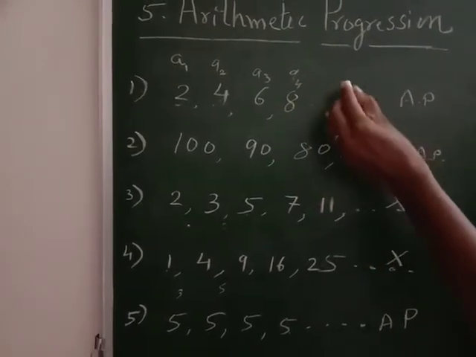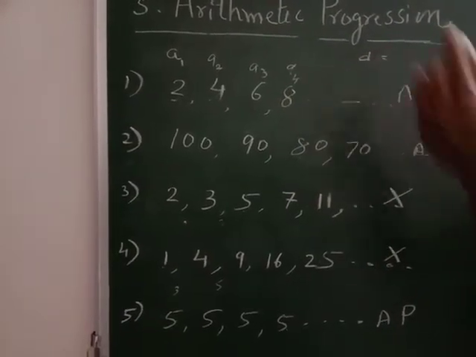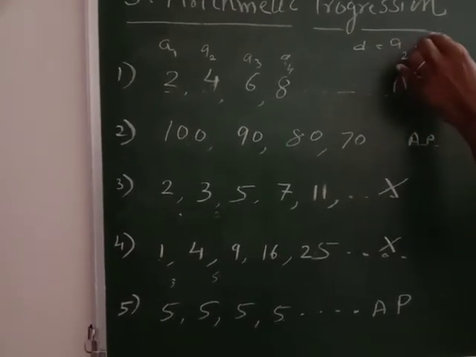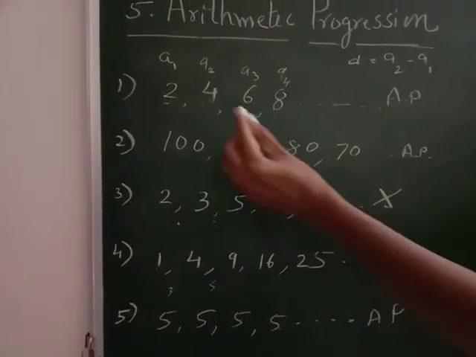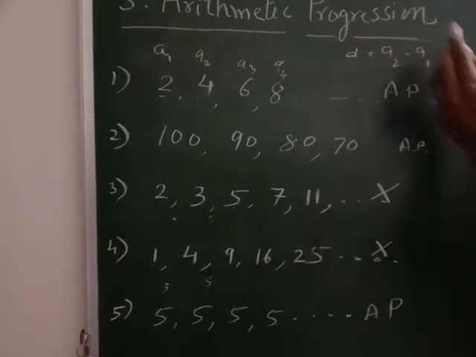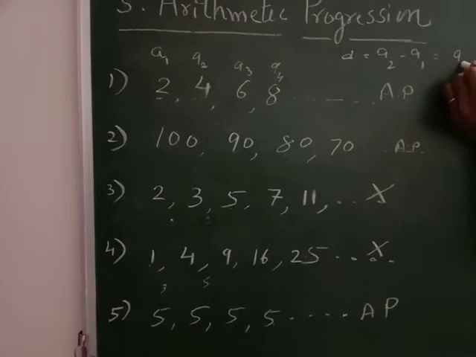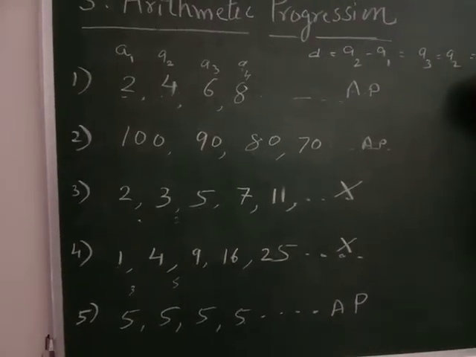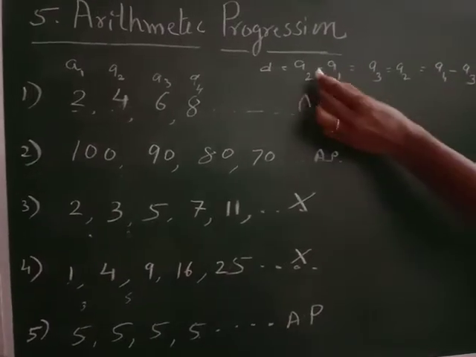Now what is D? D is the common difference. D means A2 minus A1, that means second term minus first term. That is D. Or you can say A3 minus A2, or A4 minus A3, because all are the same.